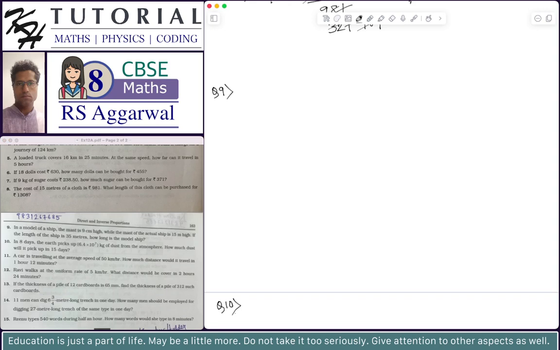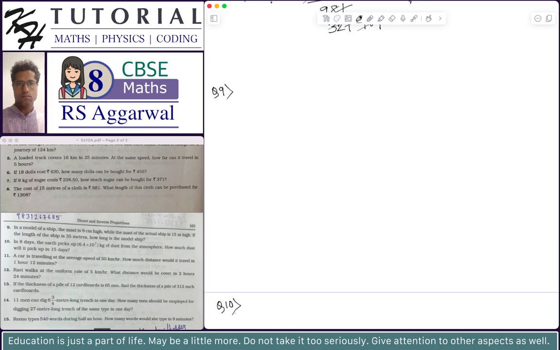Now, you can clearly understand that the model of the ship and the actual ship must be proportional, that is, a certain distance in the model and its equivalent distance in the actual ship must be in direct variation, which means that the more the distance is in the model, definitely the more the distance will be in the actual ship.